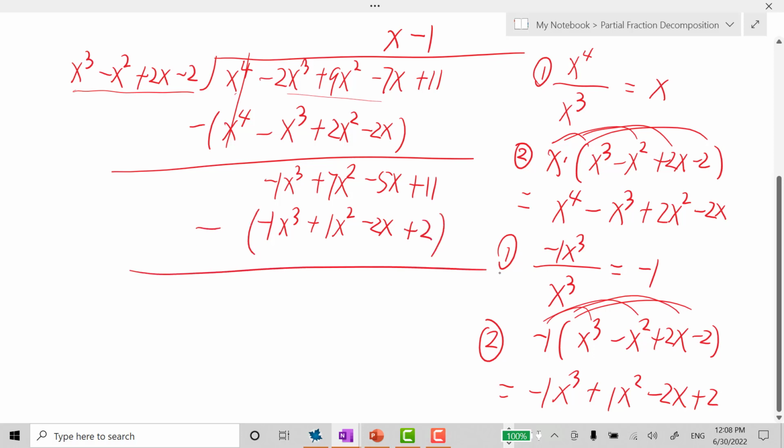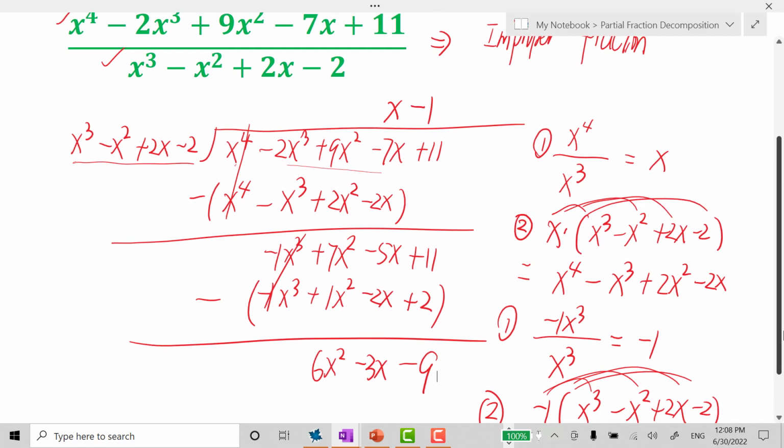Subtract it. Now we're going to cancel this here. 7x squared minus 1x squared is 6x squared. And minus 5x plus 2x, that's minus 3x. 11 minus 2 is 9. So we end up with the remainder. From here we're going to simplify a little bit.